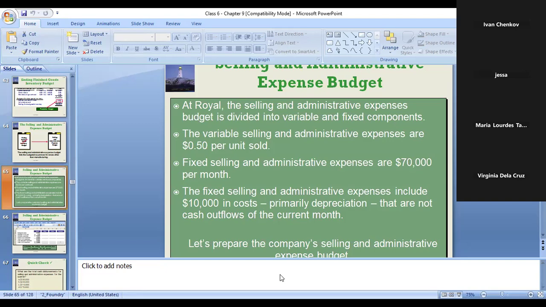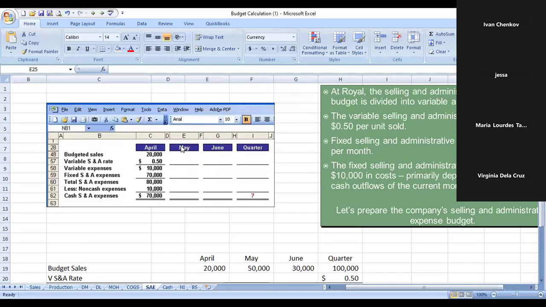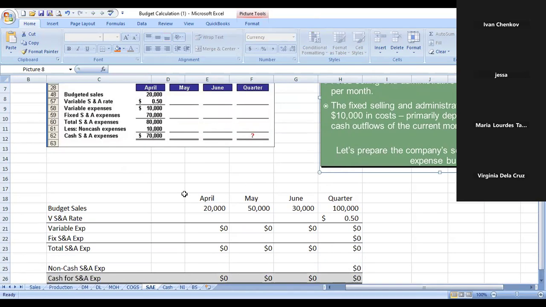So what will be our starting point here? Our starting point will be sales. So let's go to the Excel spreadsheet and start working. Again, since we have all this information about the sales and administrative expenses, we're going to start with the sales from the sales budget.